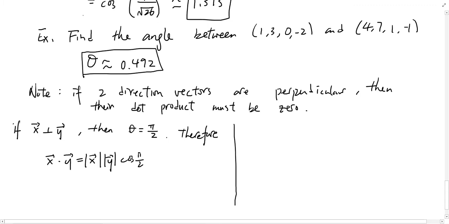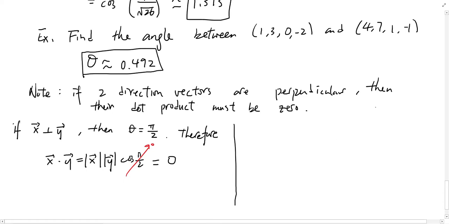The problem, cosine pi over 2 goes to 0. And therefore, regardless of what the length of x and length of y equal, this dot product comes out to be 0. So that shows that if they are perpendicular, the dot product must be 0.